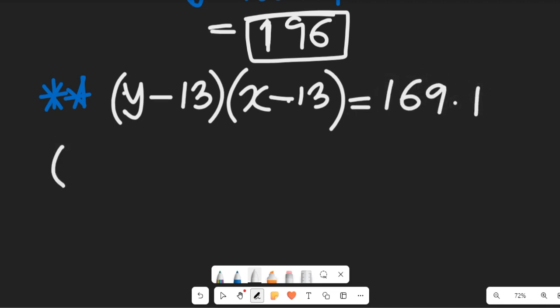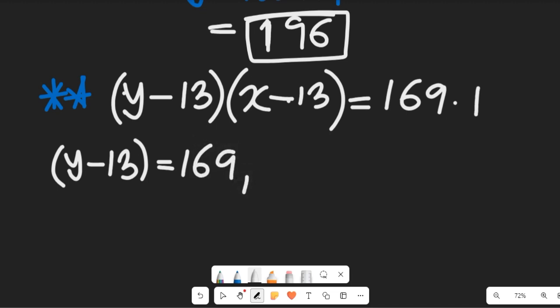So we'll have y minus 13 equal to 169, and then we'll have x minus 13 equal to 1.